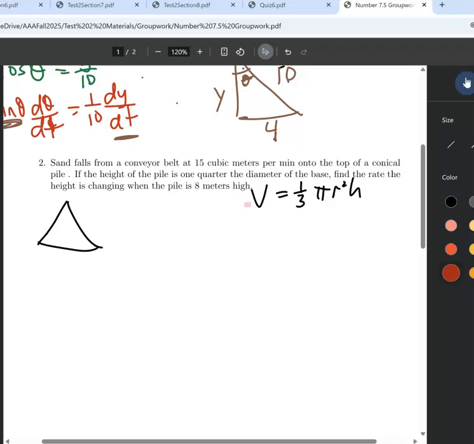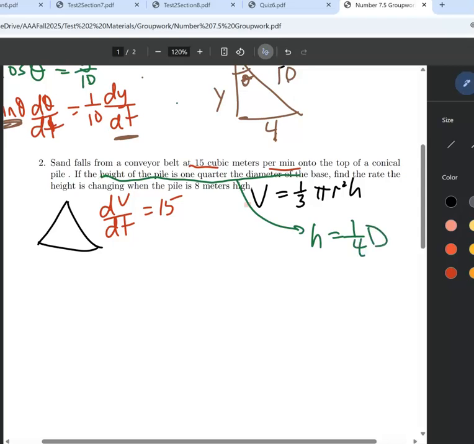You have to know that equation. There are 15 cubic meters falling down, so that's our dv over dt. And the height of the pile is 1/4 the base diameter. I know I'm going to need that.